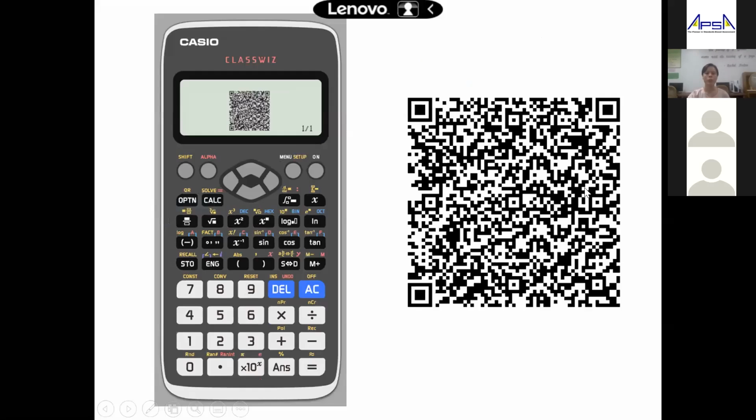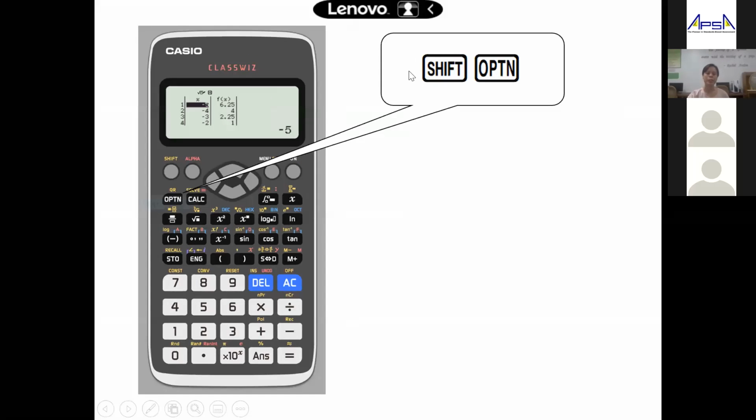And also, another function that you see here will be the QR code. So how do you get the QR code? It says here, you just click shift option, shift option. You have a QR code.